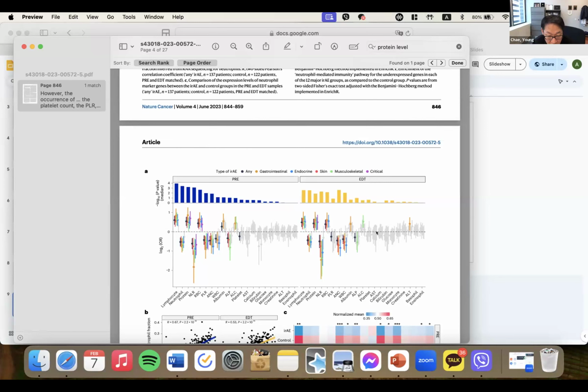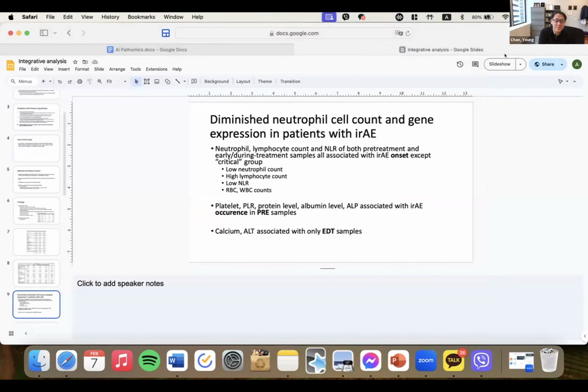Not really a strong correlation. And what else? There's AST, and AST is similar. ALT is positive. I think that's a random error. I don't believe it. I don't think it's doing anything. But anyway, yeah, go on.